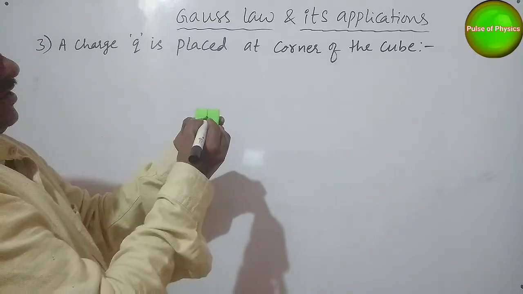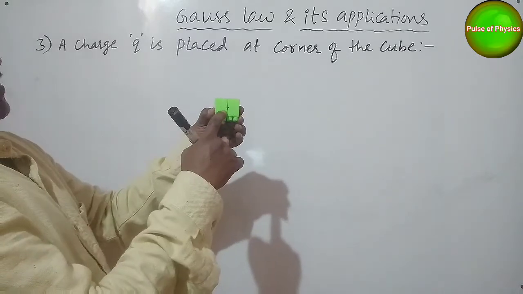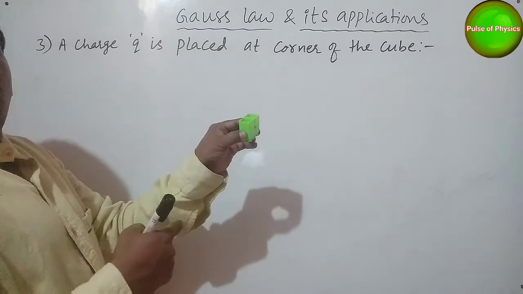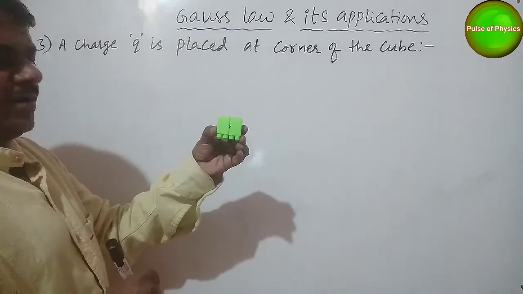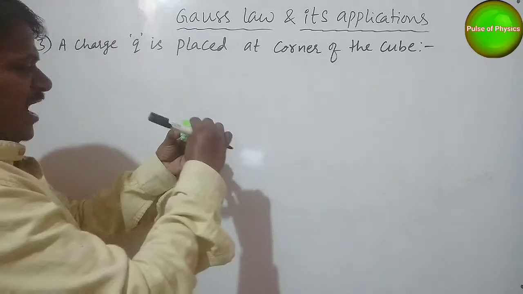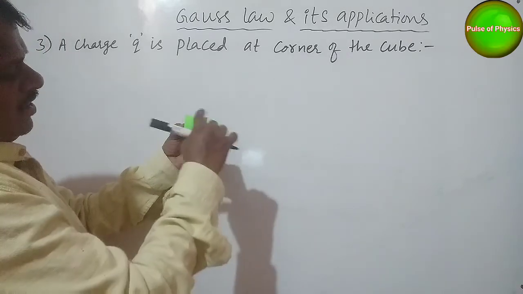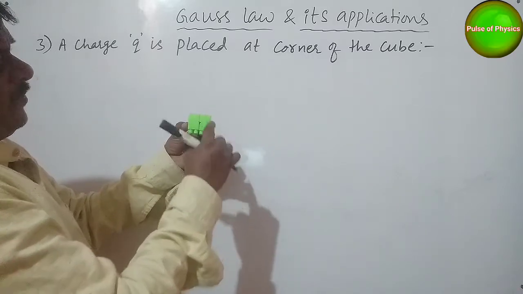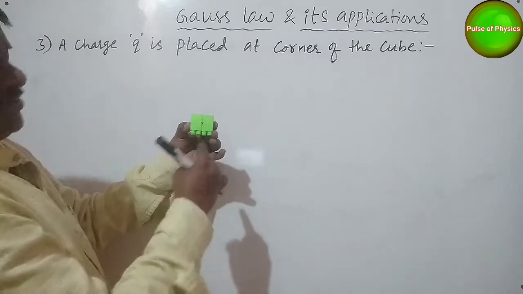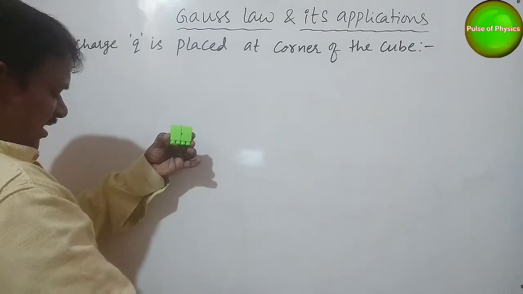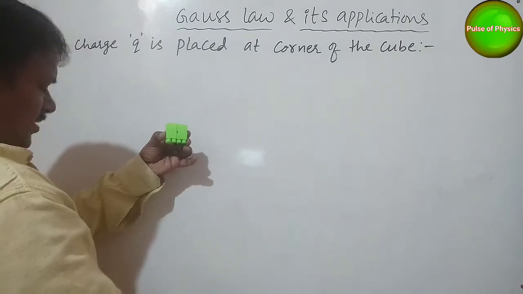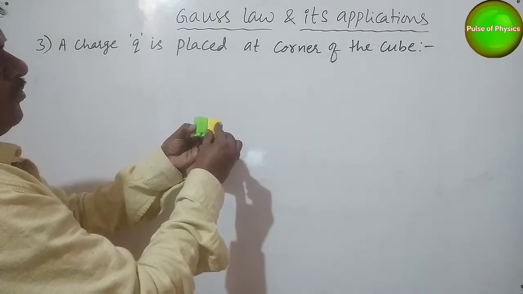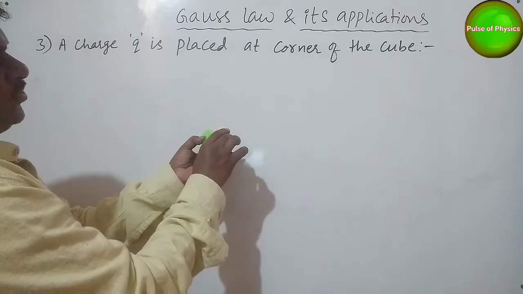Yes. Here you see, one side of the charge it is closed, one side it is open. Then what should I do? I should close this by arranging this type of 4 smaller cubes. Here I will take 2 more cubes here. In this case, now one side is closed.